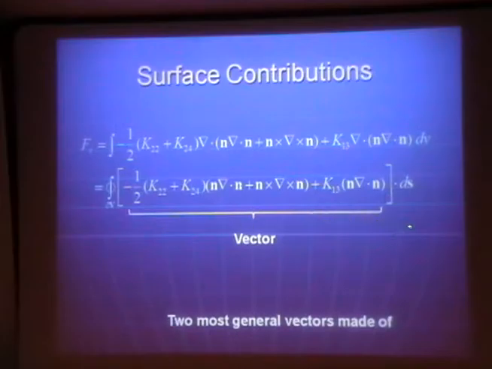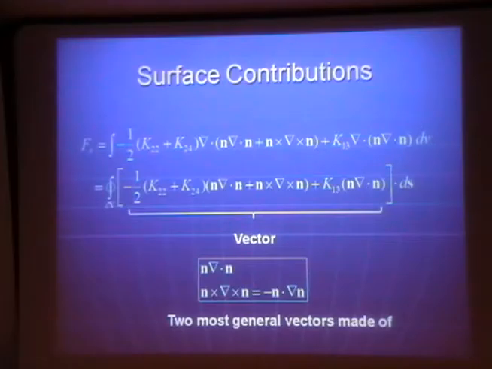When we confine our attention to the surface contribution, what are the most general vectors containing the gradient of the director, having the symmetry required for n versus minus n equivalence? Now these are two vectors.